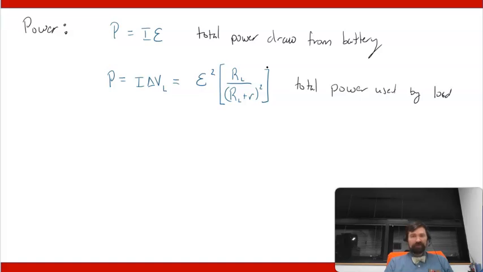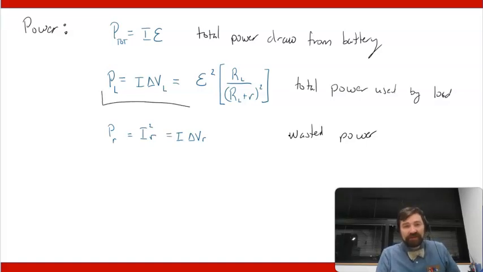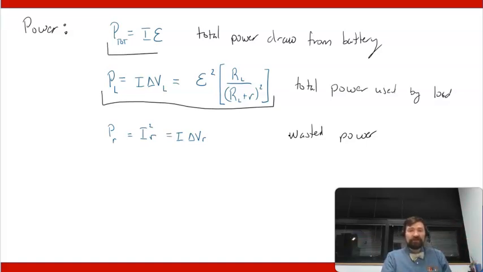And then there's also how much power is wasted on internal resistance, basically just heating the battery up. You could call this the wasted power. This one right here is essentially how much work is actually being done by the battery on whatever device you're using. This one tells you how fast the battery will be drained. This is just waste. So let's get on to a quick example.